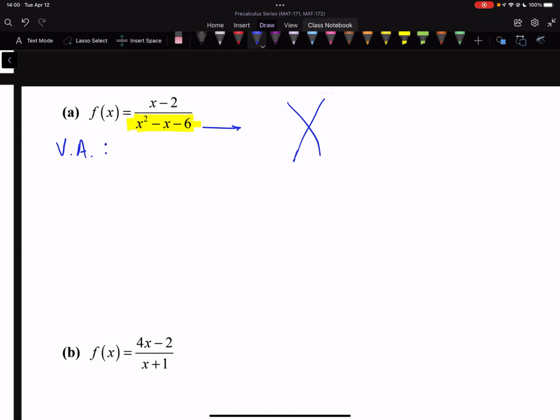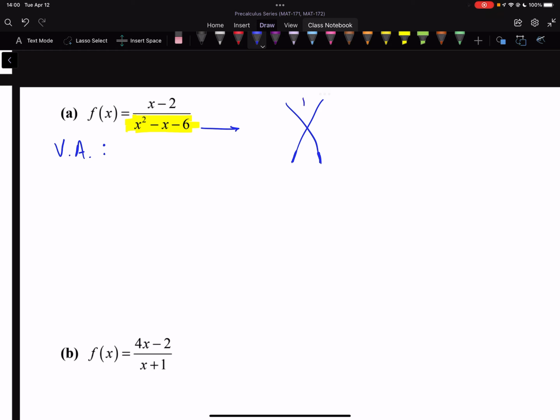Are there factors of 6 that differ by 1? There are: 3 and 2. Your 3x is going to be negative, your 2x will be positive. So then you have x squared minus 3x plus 2x minus 6.